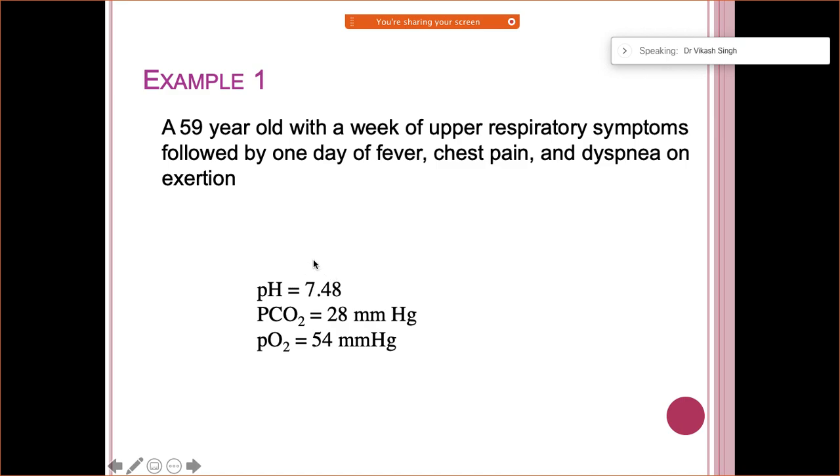So, I think you already went through the pH. So, is pH lower or higher? pH is higher, yes. So, is this acidosis or alkalosis? Alkalosis. Okay. And then is PCO2 normal or higher?